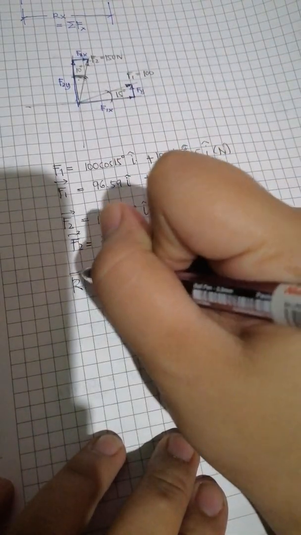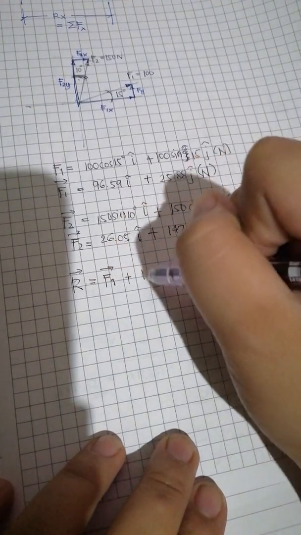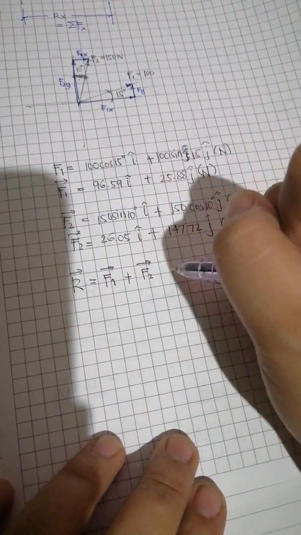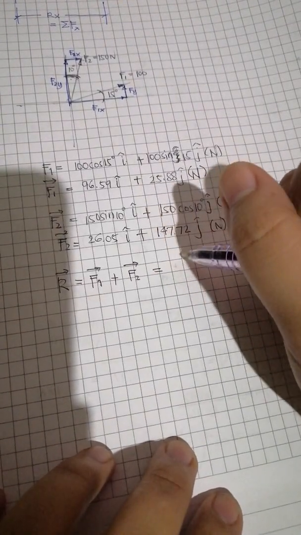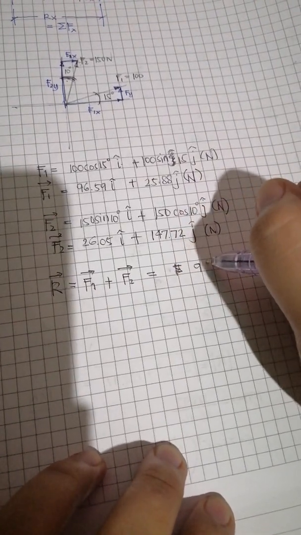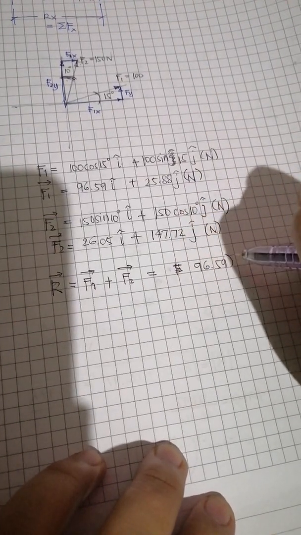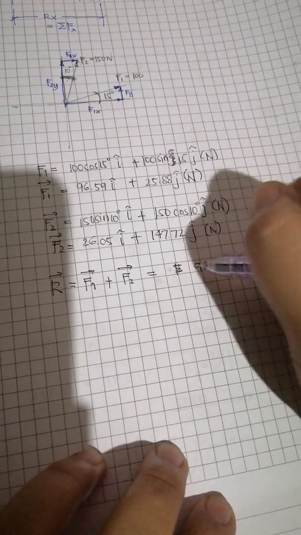So for the resultant, you just add F1 and F2. Okay, so for adding F1 and F2, we add all of the i components. So 96.59 plus 26.05 i hat.